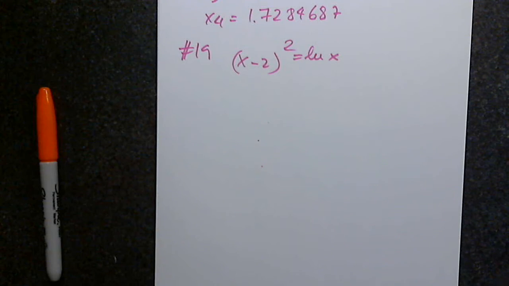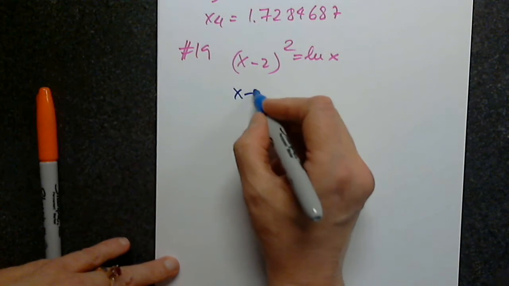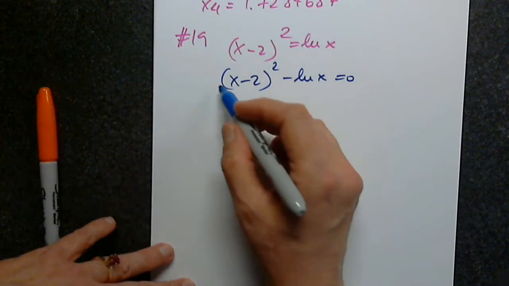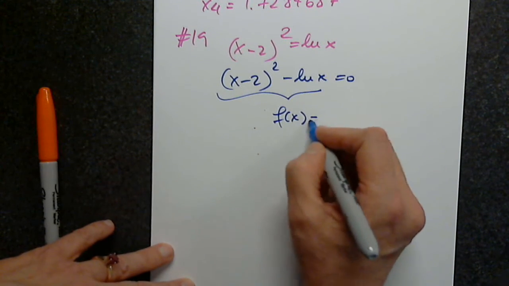So you have to create a function, right? So we have x minus 2 squared minus natural log x equals 0, correct? And this is our f of x.